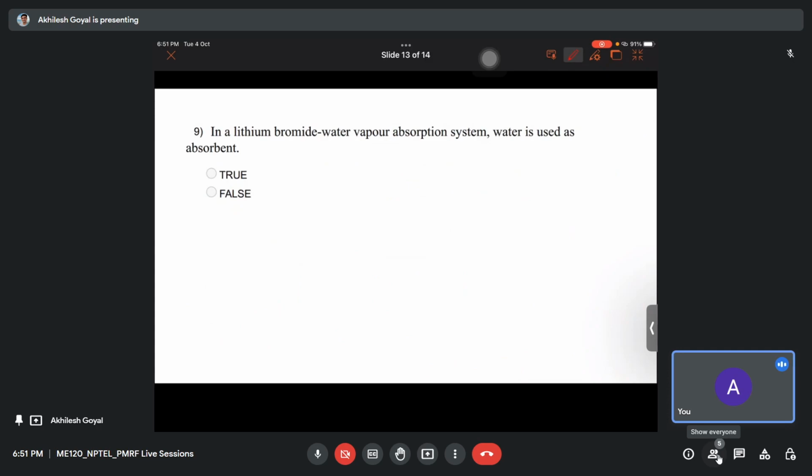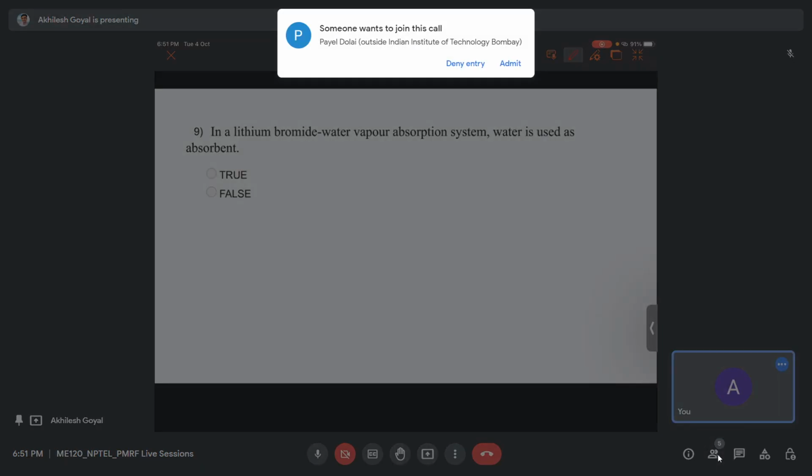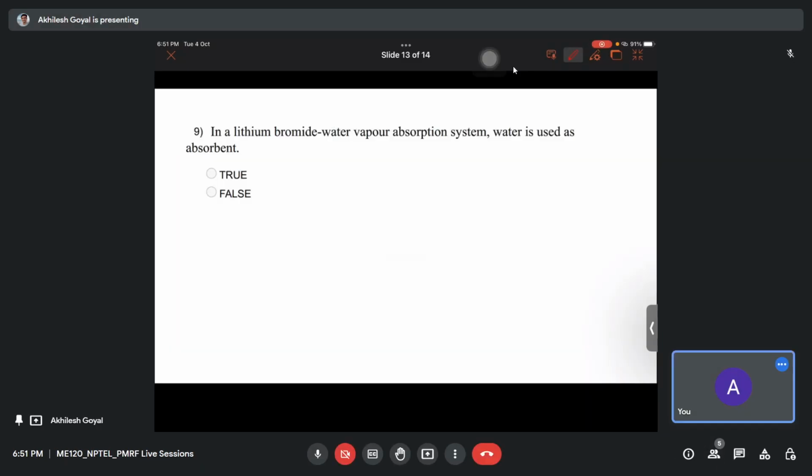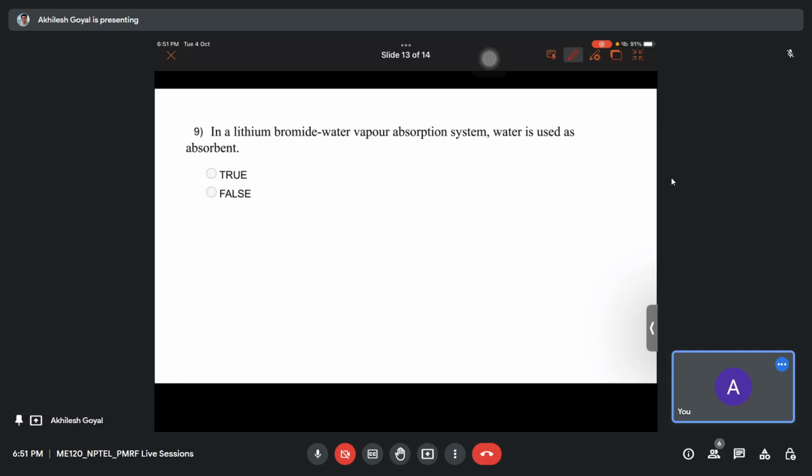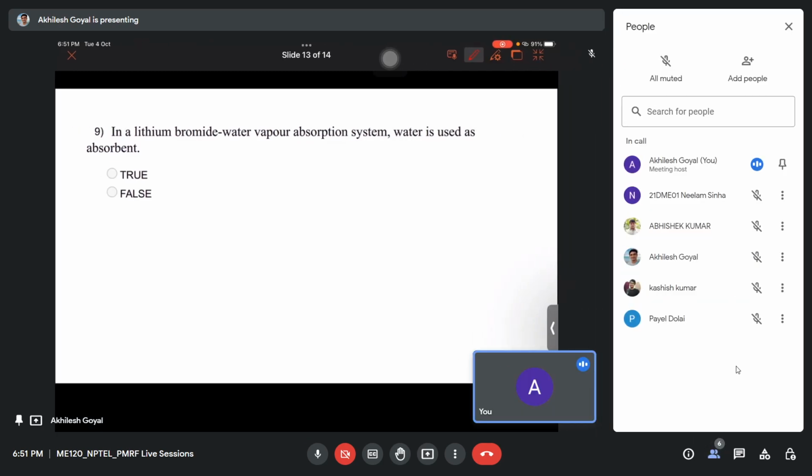Yeah, so the next one is, in a lithium bromide water vapor absorption system, water is used as absorbent. So tell me, it is true or false? I explained it earlier. Someone tell me, it is true or false.